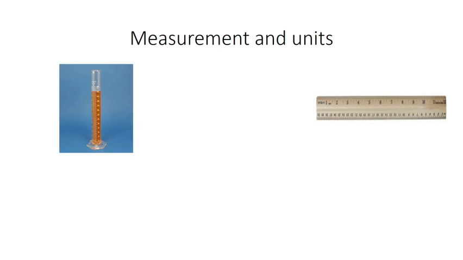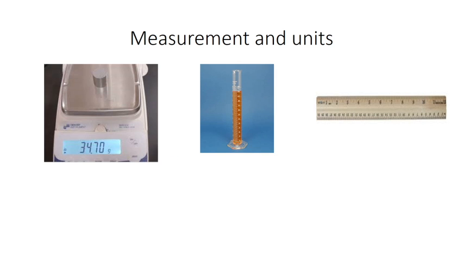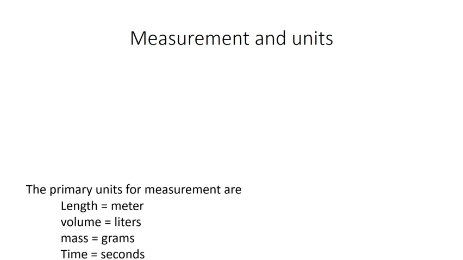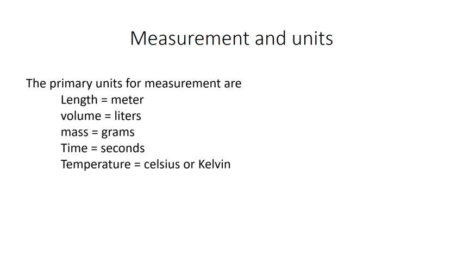Okay, measurement and units. We're going to measure a lot of stuff. We do a lot of measuring in science. We use some standard units. So length, volume, mass, those are the big 3 that we are measuring. For each of those, they have standard units.